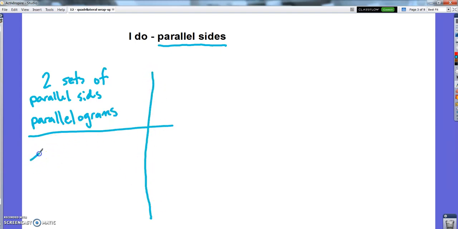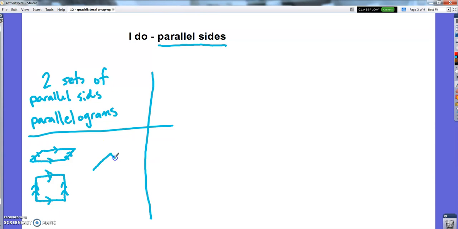So the one you see the most often kind of looks like this, where the top is parallel to the bottom, and this side is parallel to this side. But anything where the sides are parallel works. So for instance, you don't usually call it one, but this is a parallelogram because it has 2 sets of parallel sides. This is parallel to this, and this is parallel to this.